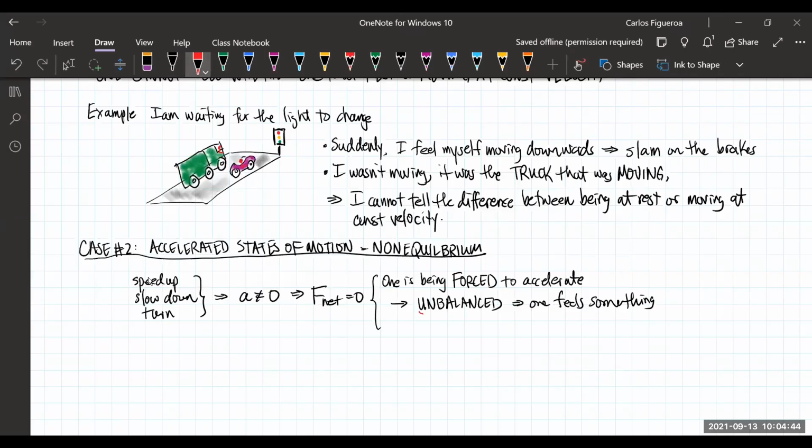So when I say the word unbalanced, that means one force is larger than the other force. That's what that means.